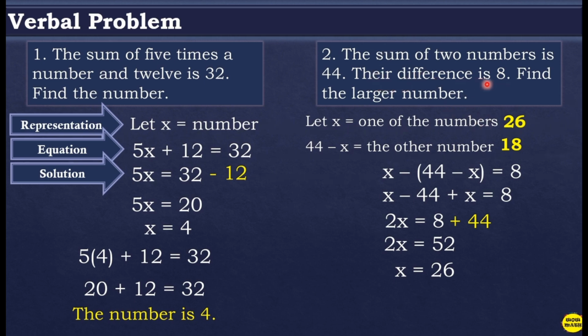In the statement, we are looking for the larger number. Which one is the larger number, x or 44 minus x? Therefore, the larger number is 26.